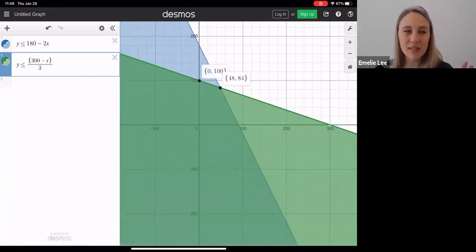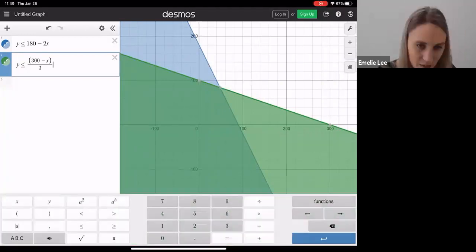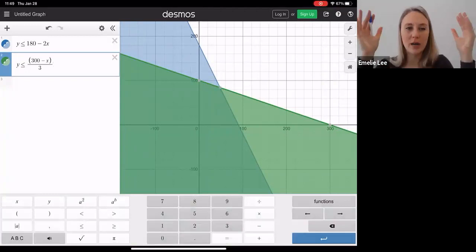So I'm going to copy these intersections because remember, these intersections are where we optimize our solution. And in this case, optimizing means maximizing. To divide the 300 minus x, you have to make sure that you put 300 minus x in brackets.